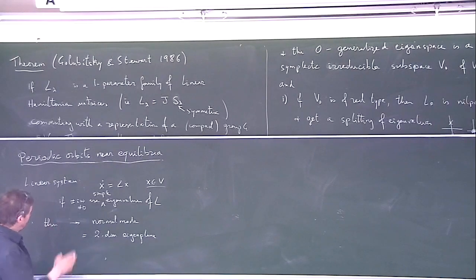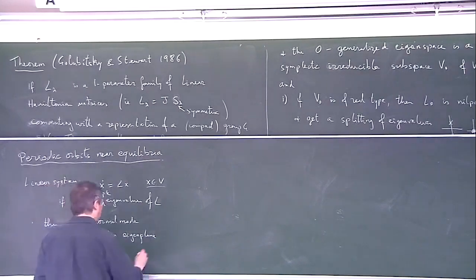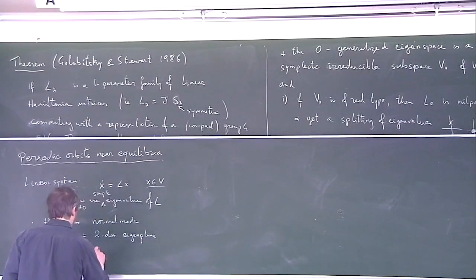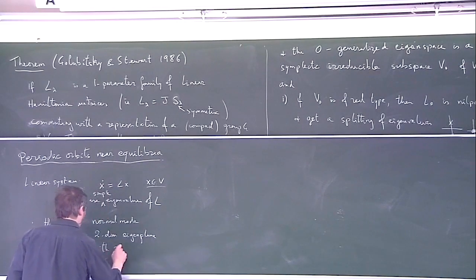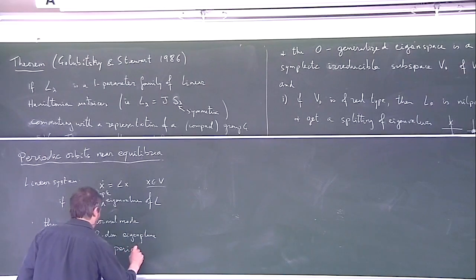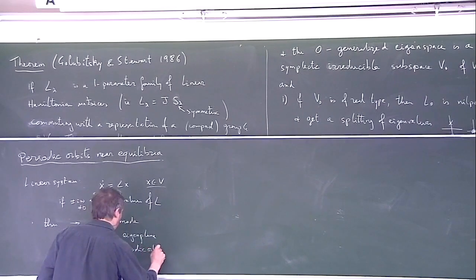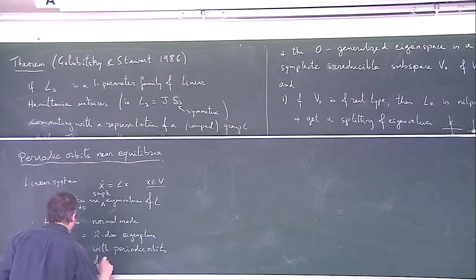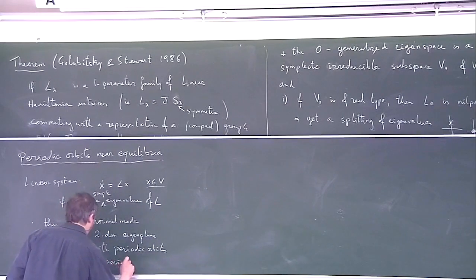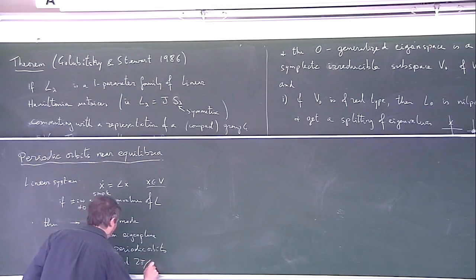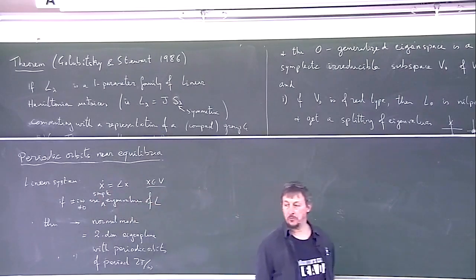So two-dimensional, this doesn't have to be Hamiltonian. Two-dimensional eigenplane with periodic orbits of period 2 pi over omega, right?